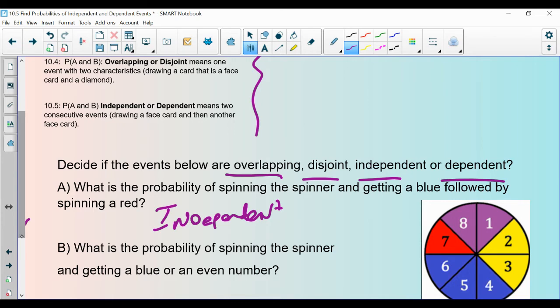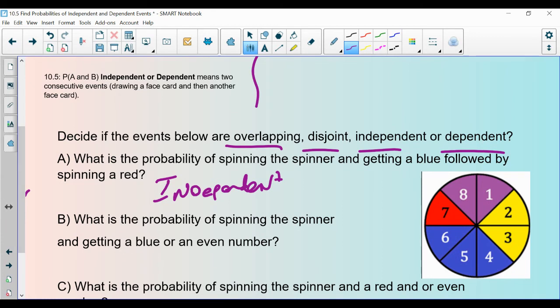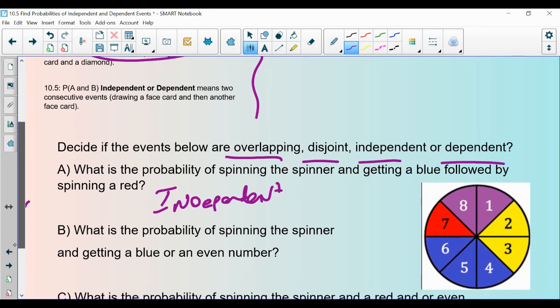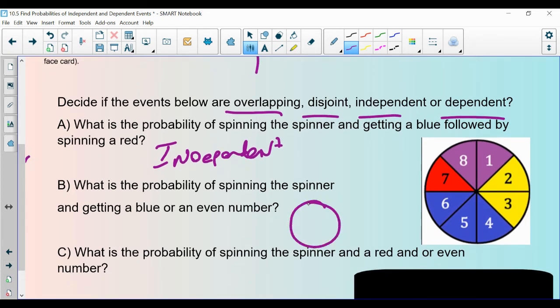What is the probability of spinning the spinner and getting a blue or an even number? In this instance, that's one spin, and I'm looking at two different characteristics. Because of that, I know it's either going to be overlapping or disjoint. I need to decide which one. What helps is to think of this as a Venn diagram and decide if there would be anything in that middle region.